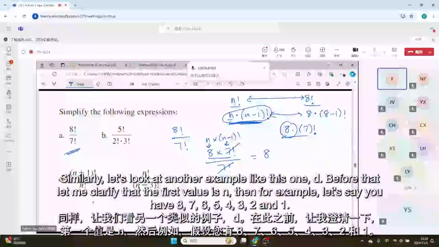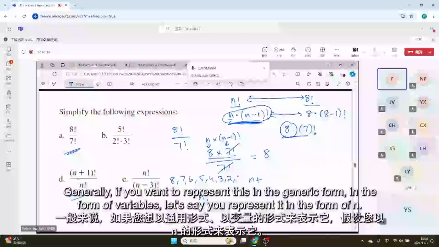Similarly, let's look at another example like this one, n plus 1. Before that, let me clarify that if the first value is n, for example, let's say you have 8, 7, 6, 5, 4, 3, 2 and 1. If you want to represent this in generic form, in the form of variables, let's say you represent it in the form of n.